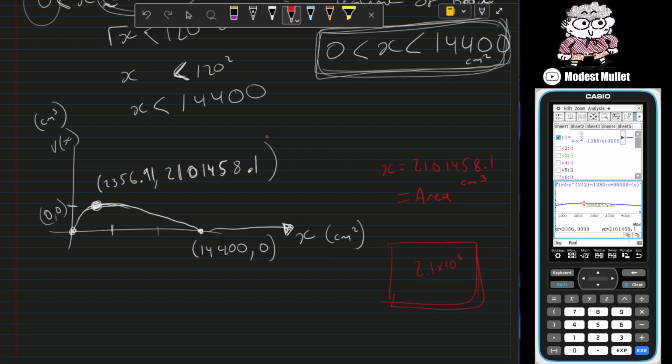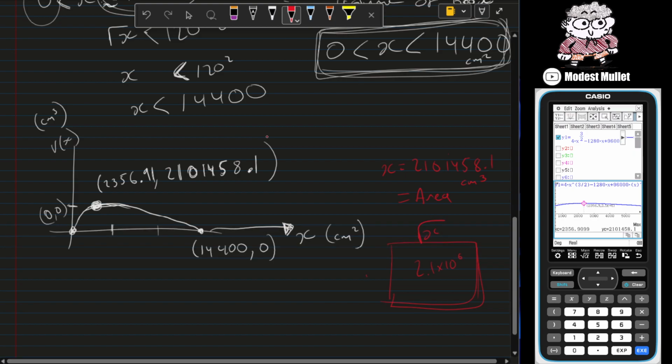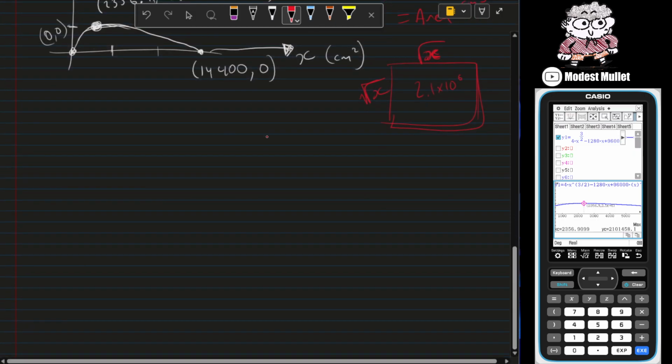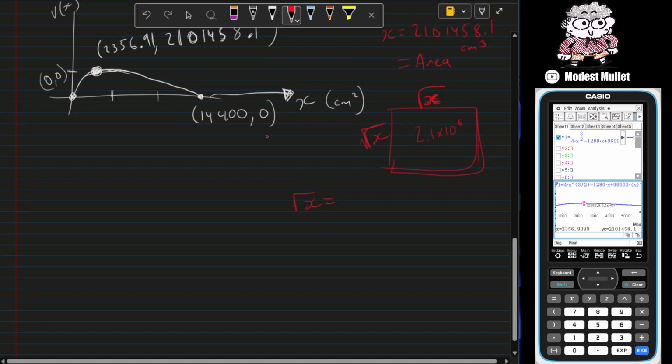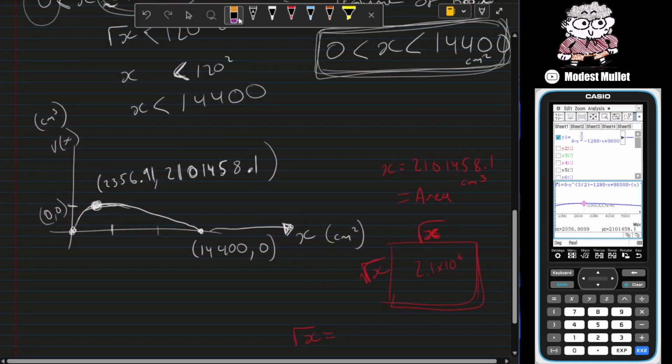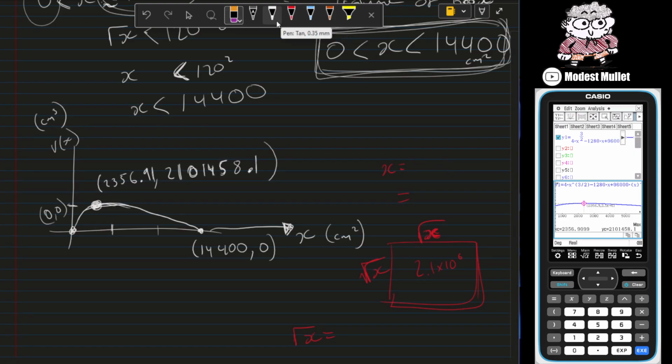We want to find our length, which we know from before is square root of x. So square root of x is, oh no, I've made an error. It's just my issue. Let's undo.